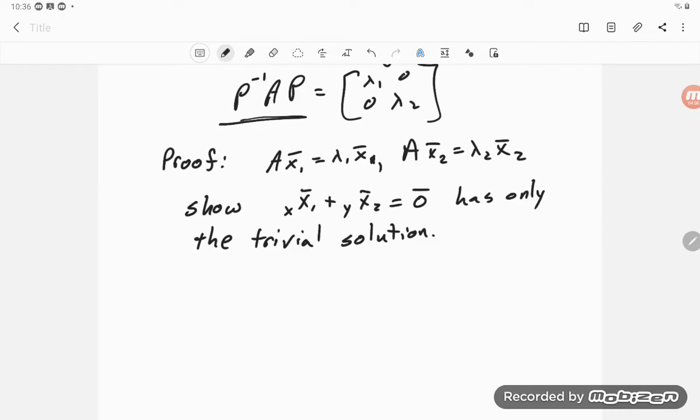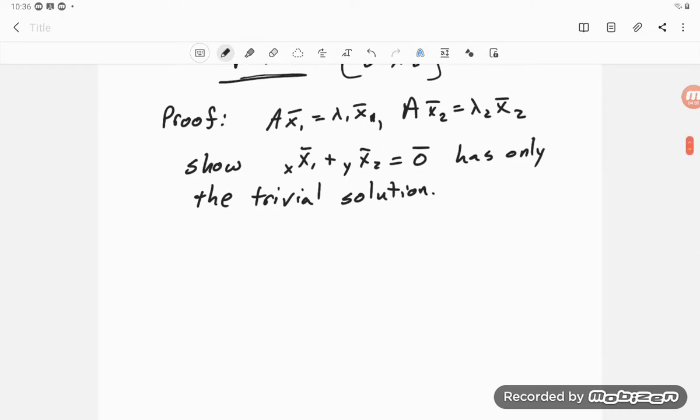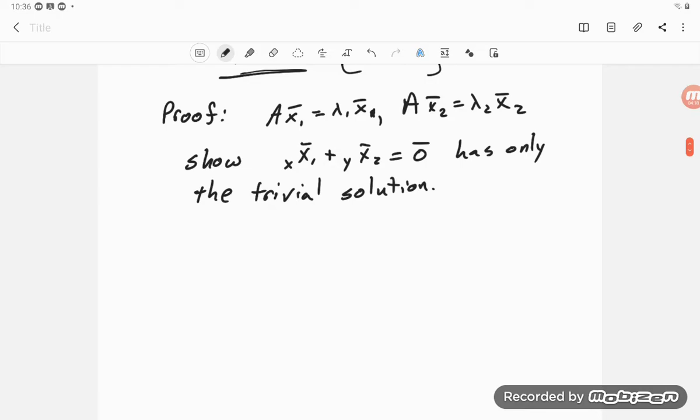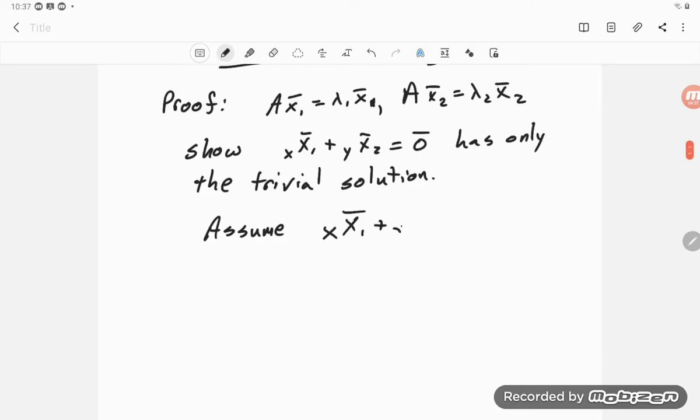And once we have that, then we know that our matrix is non-singular. Okay. So they're going to do a proof by contradiction. Well, wait, I take that back. I'm not sure they're doing a proof by contradiction. We'll see. I haven't read through the whole proof yet, honestly. Sorry about that.